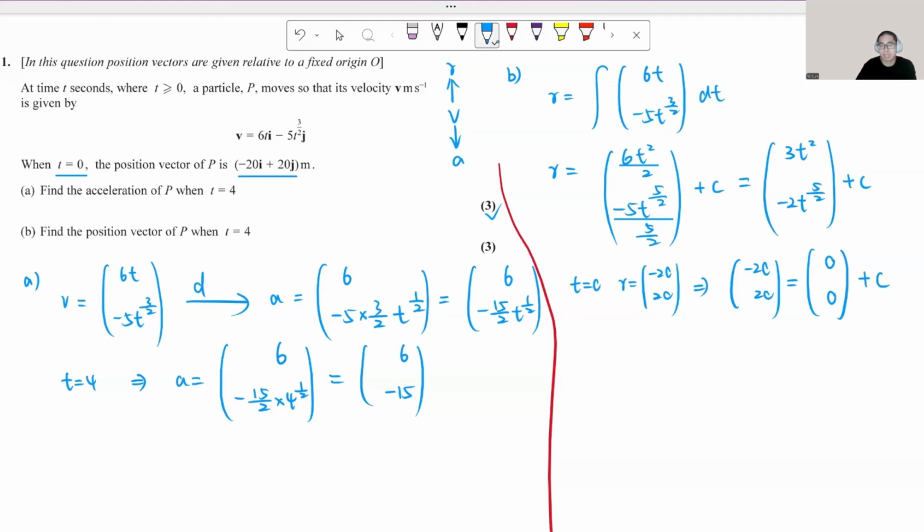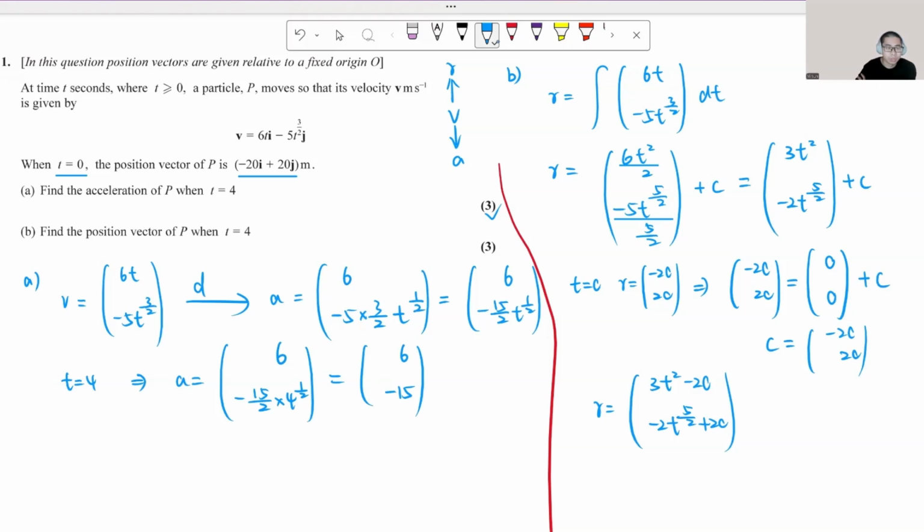So just plus c. So we have c equal to negative 20 and 20. That means r is equal to 3t squared minus 20 in the i component, and then negative 2t to the power 5 over 2 plus 20 in the j component. So that will be our position vector.